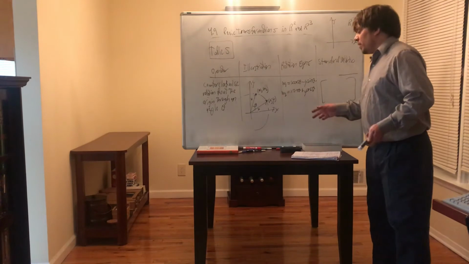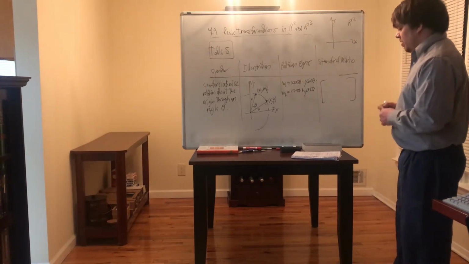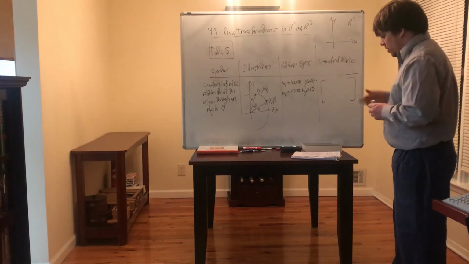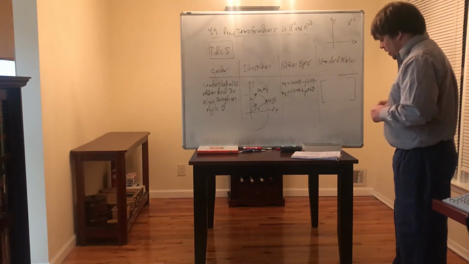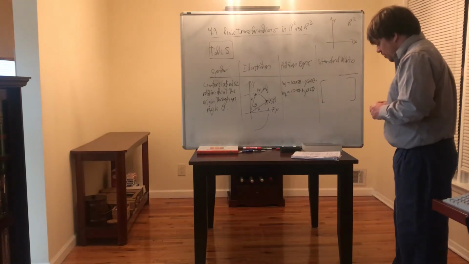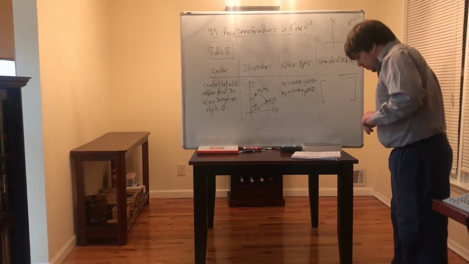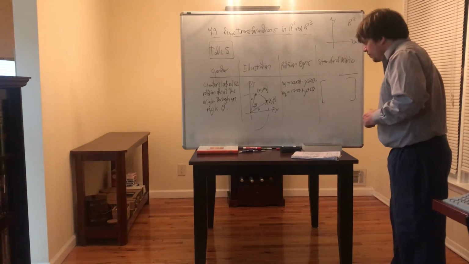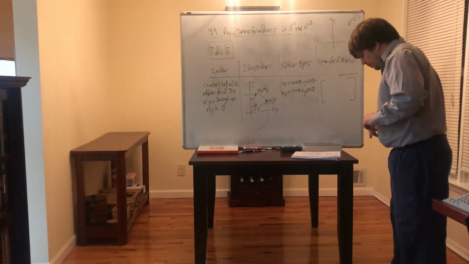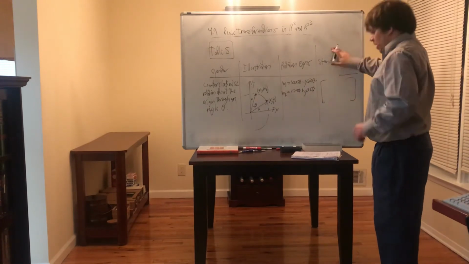So now you want to take the images of your standard basis vectors. And to do that you just think of it like this. Actually, we're in R2, but I'm going to draw this picture this way.